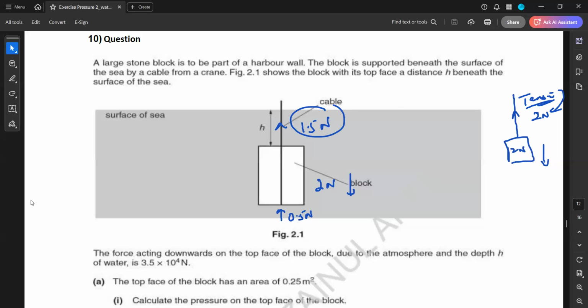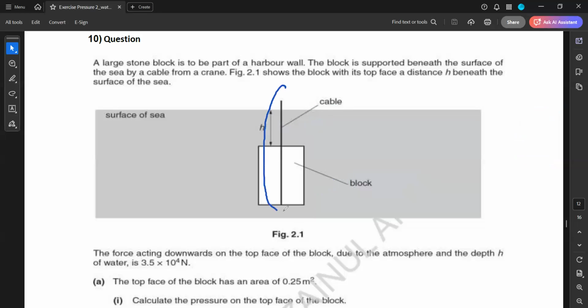Another thing, we did not include the weight of the string. We ignored that. But maybe the object was 2 newtons and the string also has its weight, maybe 1 newton.